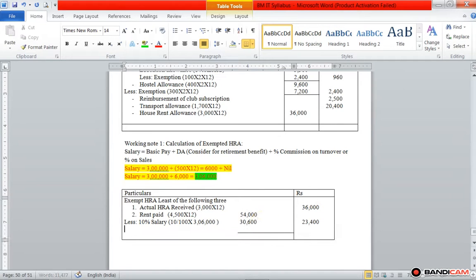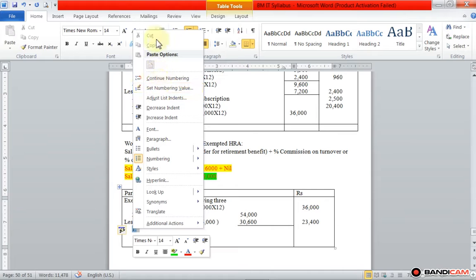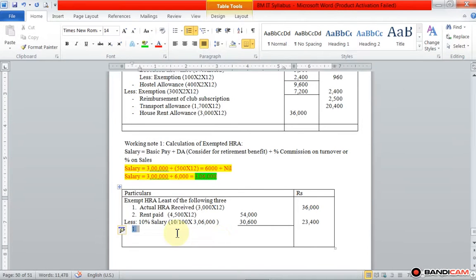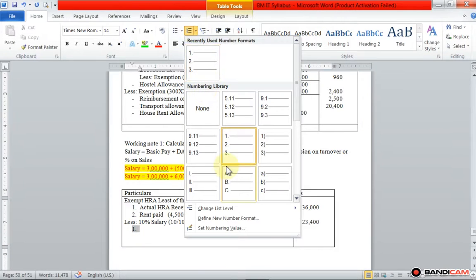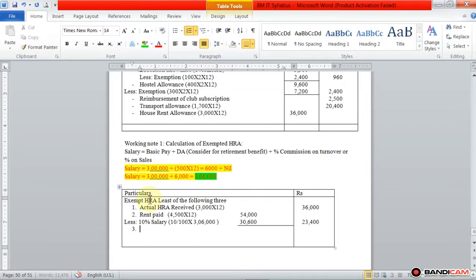And the last one, that is the third point, is 40% of salary.